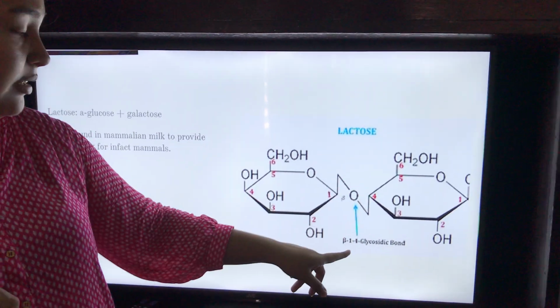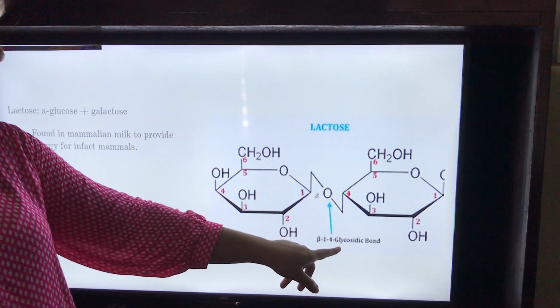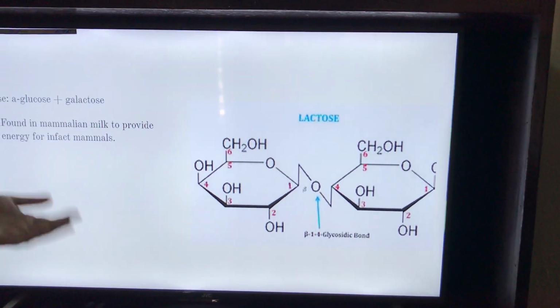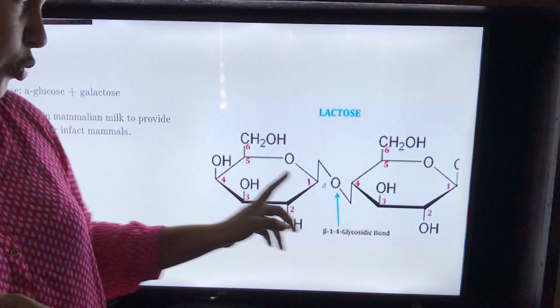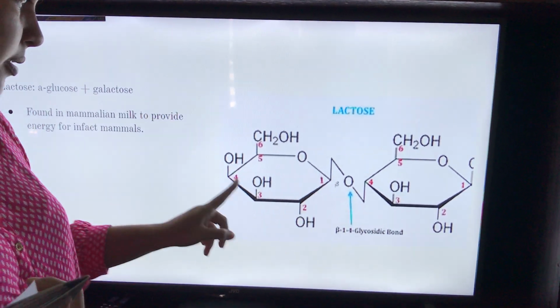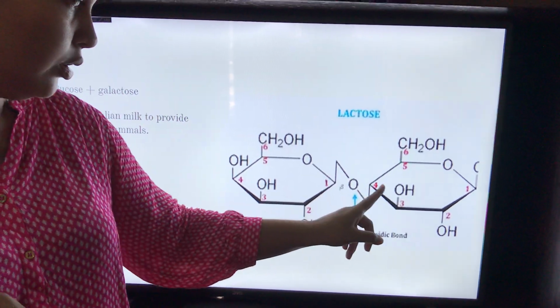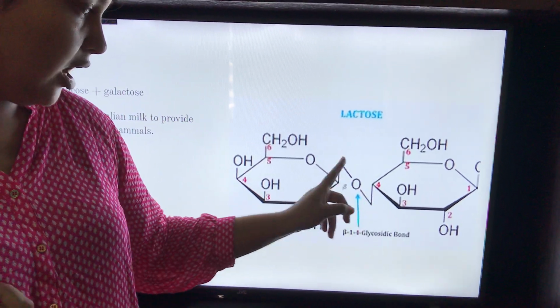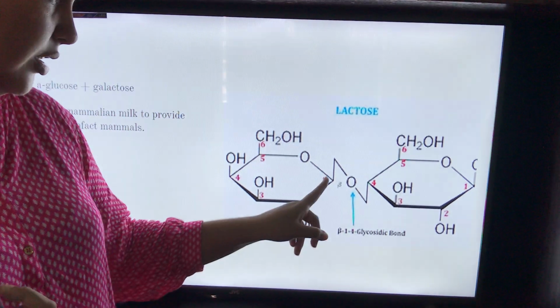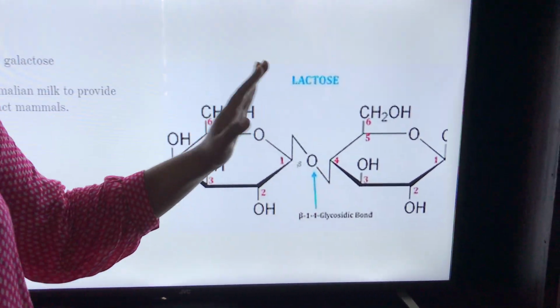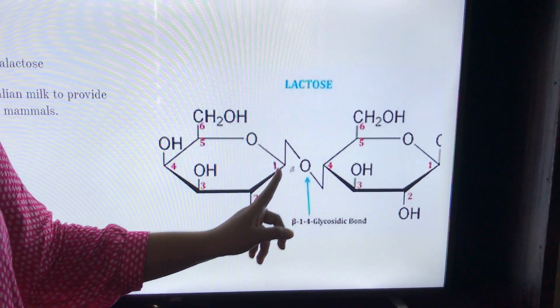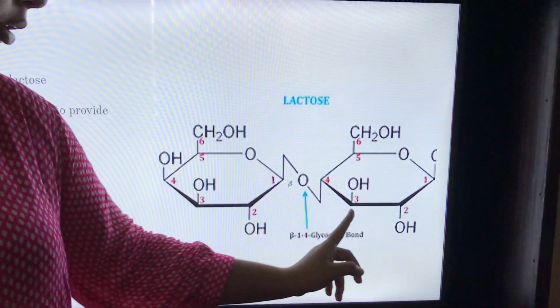So here, lactose has a 1,4 glycosidic bond. And we know that this is a 1,4 glycosidic bond because when we number the carbons, we look at the specific carbons that are connected by the glycosidic bond. So this is the first carbon because you follow the 3 o'clock rule. You start from here, the first carbon, and then the fourth carbon.